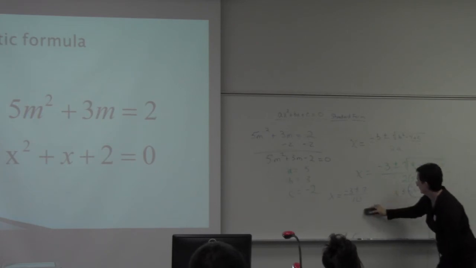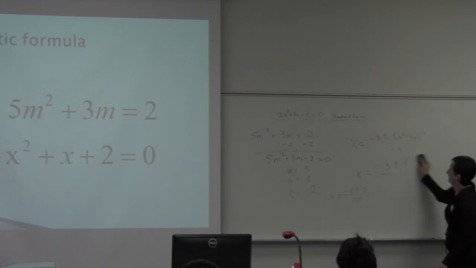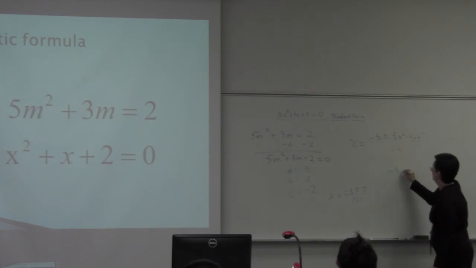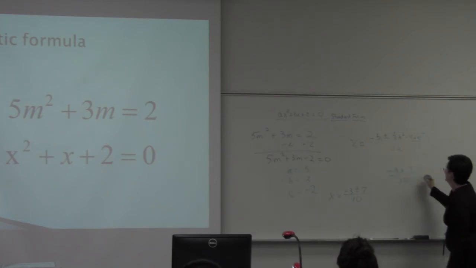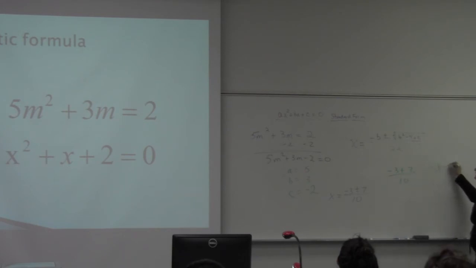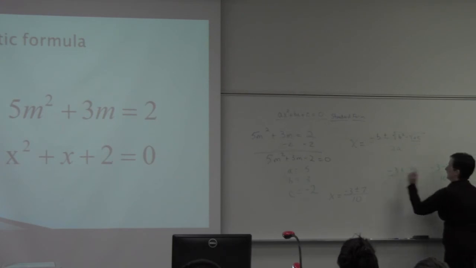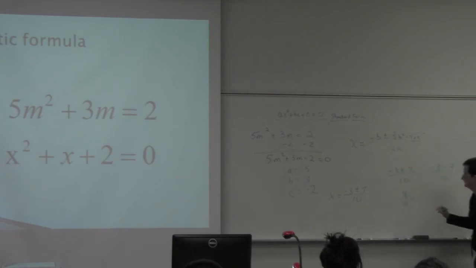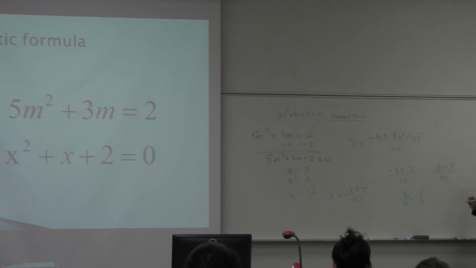Plus or minus. All right, so let's see what we got here. -3 plus 7 over 10 and -3 minus 7 over 10. 7 minus 3 is 4, and 4/10 reduces to 2/5. Always reduce your fractions. -3 and -7 is -10, divided by 10 is -1.